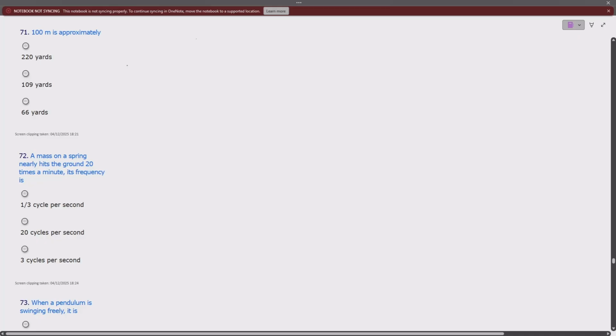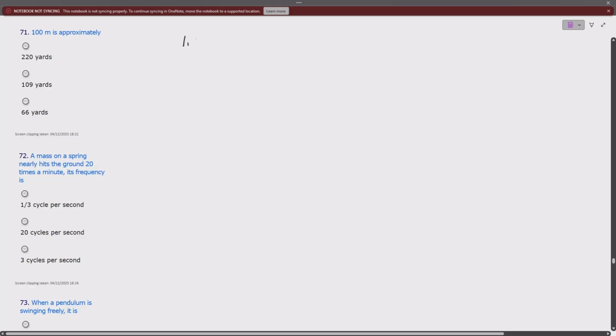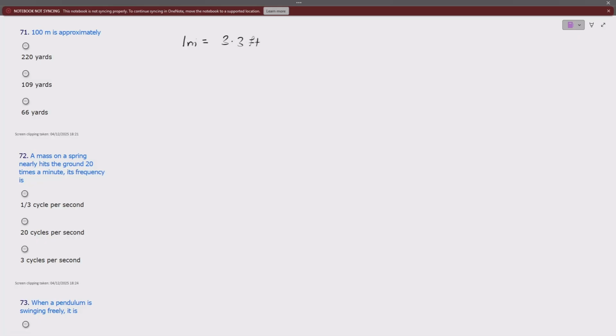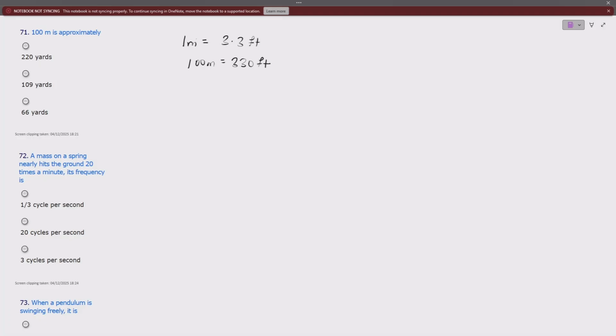100 meters is approximately how many yards? So we know 1 meter equals 3.3 feet. Therefore 100 meters equals 330 feet. You know 3 feet equals 1 yard.